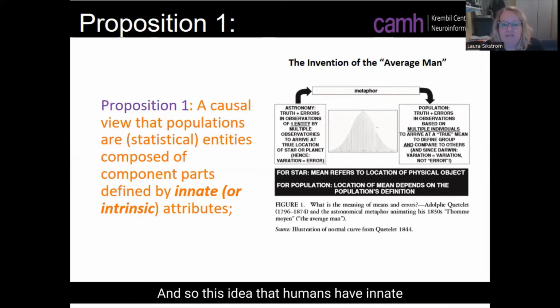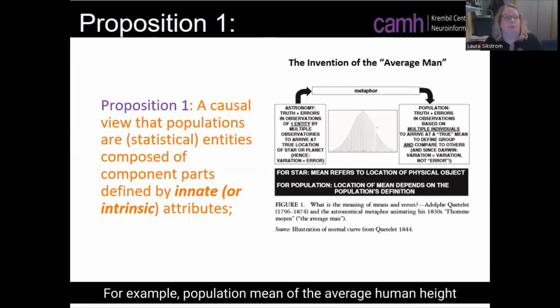Right. And so this idea that humans have innate characteristics that can be compared to one another actually led to the invention of, quote, the average man. And this was developed by Adolphe Quetelet. Lots of information out there about him. And what this idea tried to do was establish a population mean, for example.